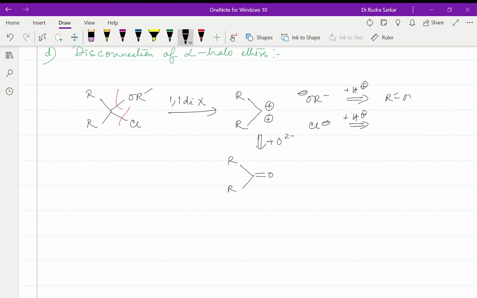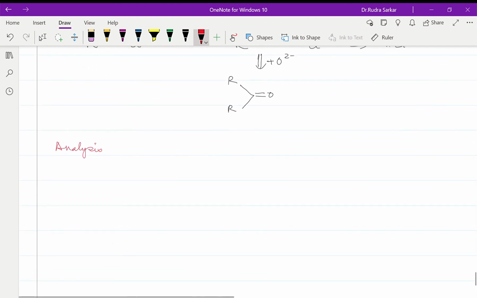So this gives me R'OH, and this is going to be your HCl. So having learned the disconnection approach for alpha haloethers, let us apply this on a molecule.